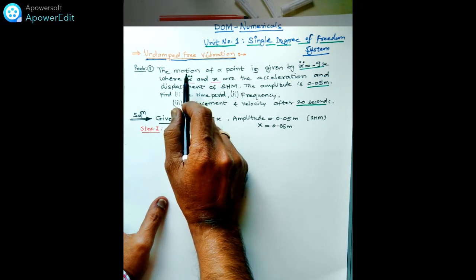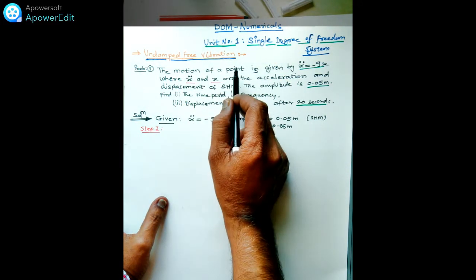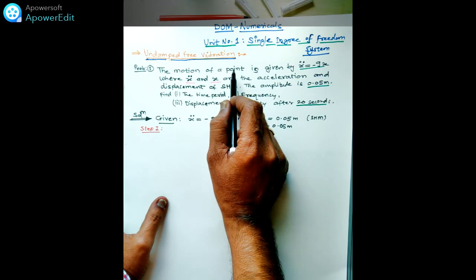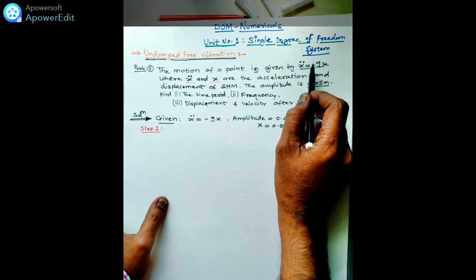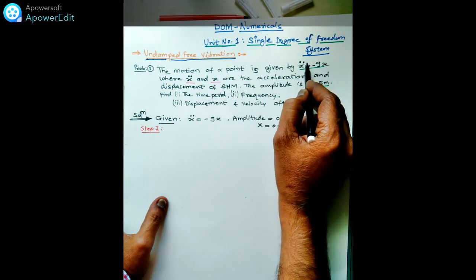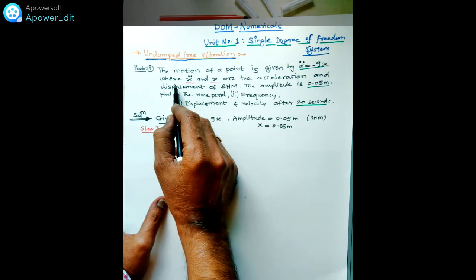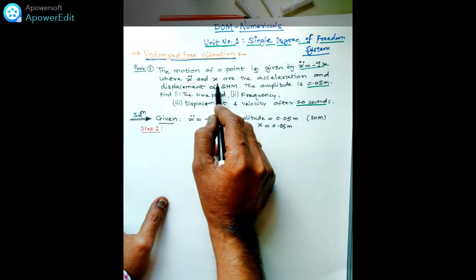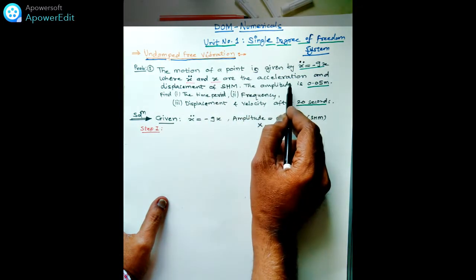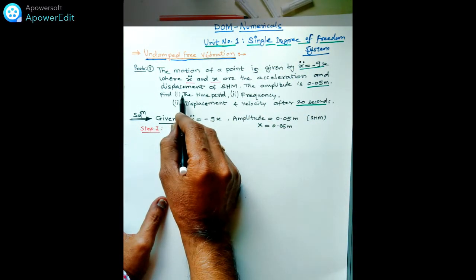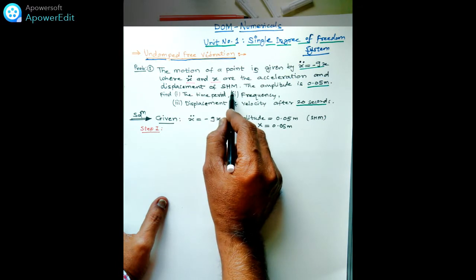Friends, here one simple numerical is given to you. The motion of a point is given by x double dot is equal to minus 9x, where x double dot and x are the acceleration and the displacement of SHM.